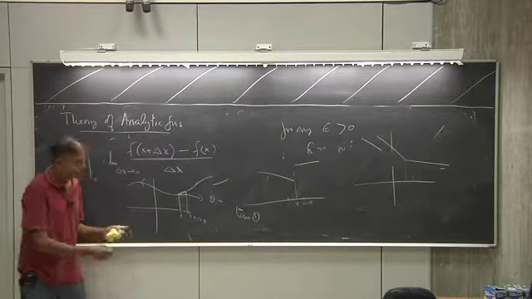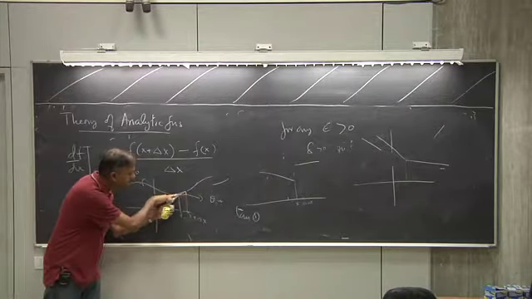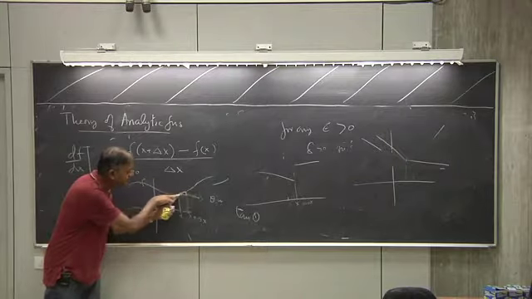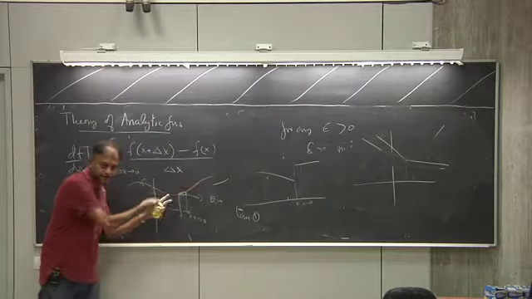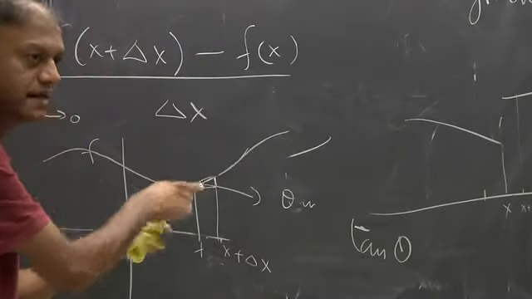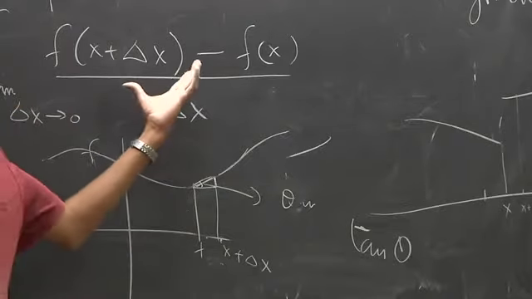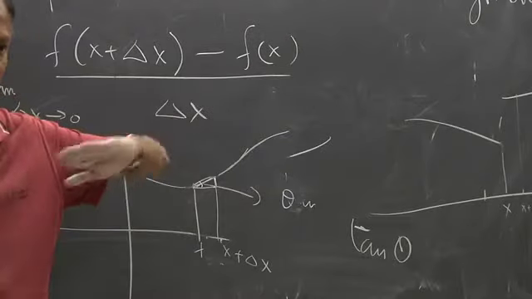Okay. Now, if you start bringing it closer and closer, you see this angle theta will just become, if you draw a tangent to that curve, whatever angle that makes with the x-axis, the tan of that will be this value, right? So what this actually gives you is just the tangent to the curve at that point.